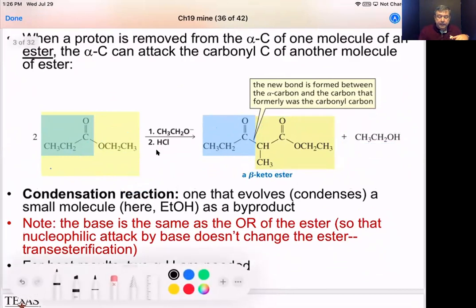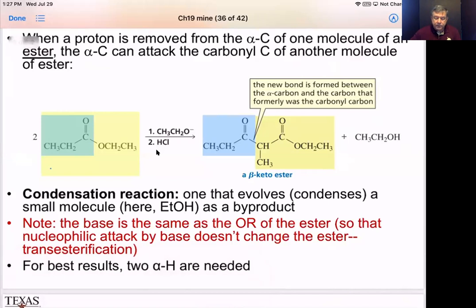So Claisen is an ester, and it always makes a beta keto ester, okay? One of the esters is turned into a ketone, one of the esters remains the ester. And the compound that remained the ester is the one you made the enolate from, okay? So that's how to remember the Claisen reaction, okay?